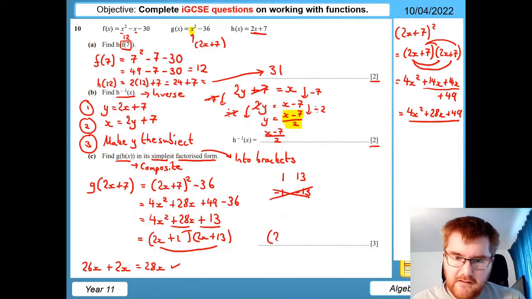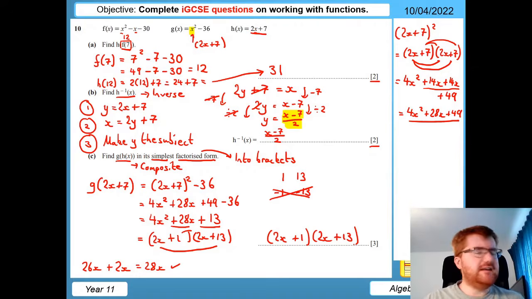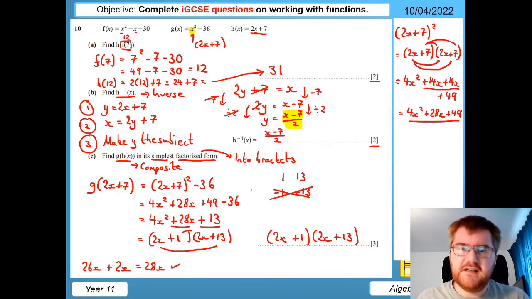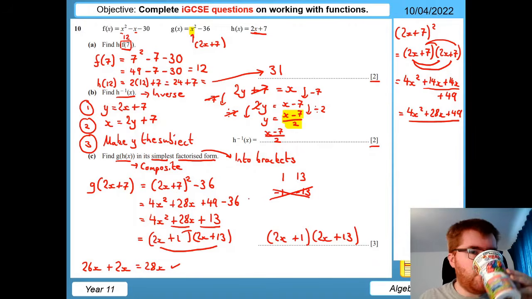So that's going to be our third mark, making sure you can put this into double brackets. So that's pretty tricky to notice: first of all, you need to do that process, and secondly, that this difficult factorization is actually possible here.